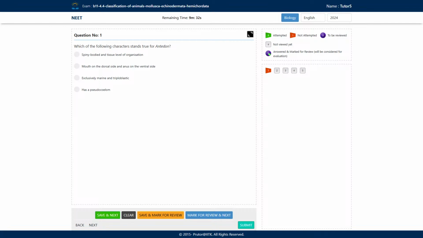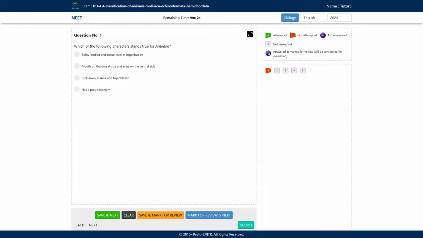Which of the following characters stands true for Antedon? What are the unique features of Antedon? The options are: spiny bodied and tissue level of organization, means they have tissues, which are a collection of cells performing the same functions.